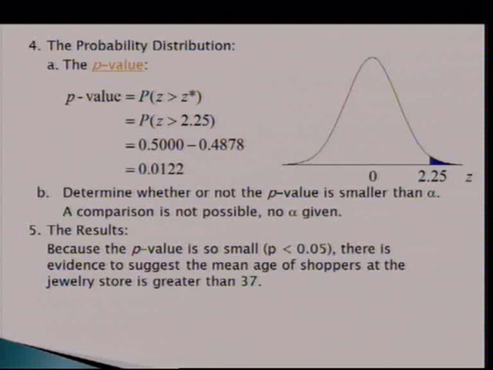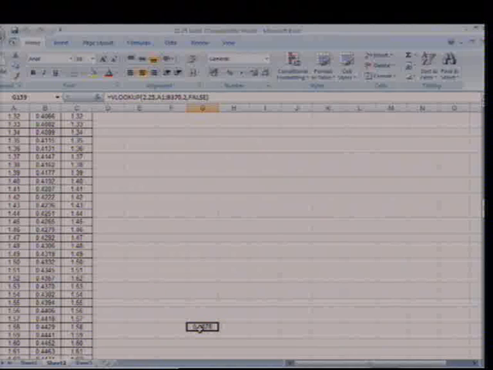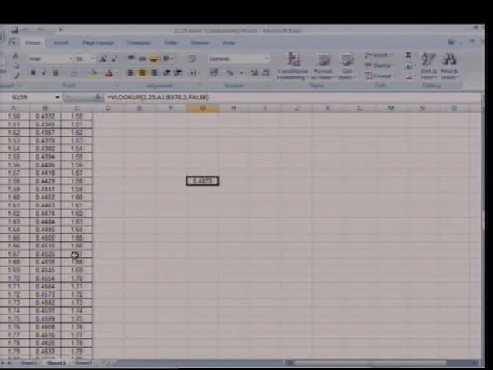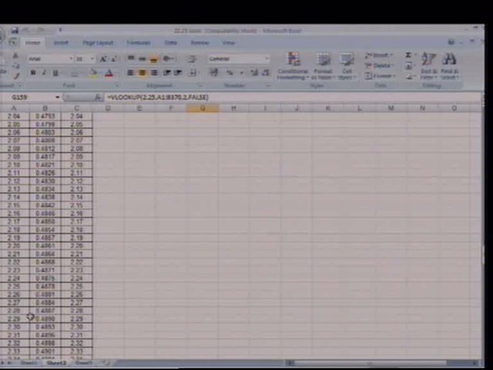Our rejection region lies at the right hand side, and since we have calculated Z star equal to 2.25, either we can refer to the table or we can find out the value of p. Looking at 2.25, the value is 0.4878.